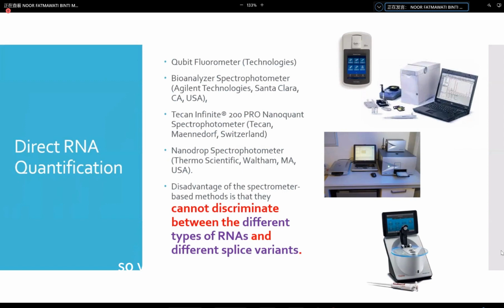Exactly. So you have two bands, and sometimes if your extraction is very good, you can see at the bottom a very slight faint band. But that depends on the quality of your extraction.